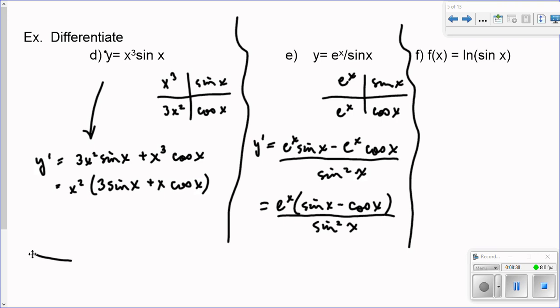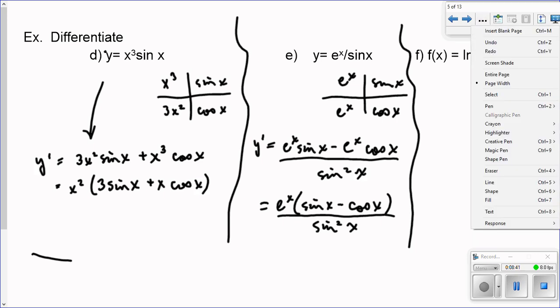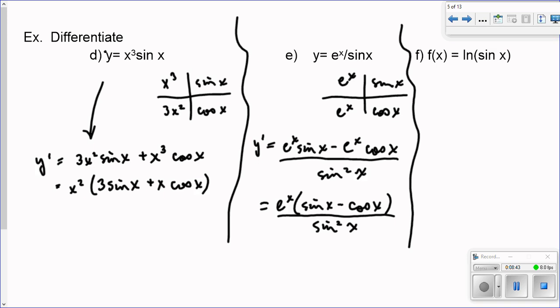This next one's just a full composite rule here. Let me just erase what I did. Okay, so I've got the derivative. I only have one x, I don't have 2 functions. I do have a composite function though, right? The ln of sine x.